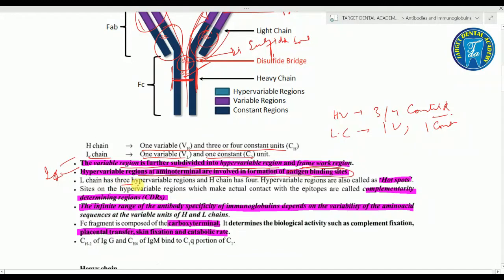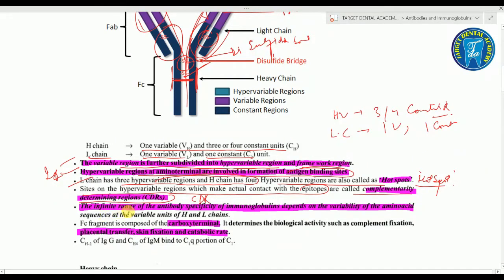The light chain has 3 hypervariable regions and the heavy chain has 4. The hypervariable regions are also called hotspots. The sites on the hypervariable region which make actual contact with the epitopes are called complementarity determining regions, CDRs.